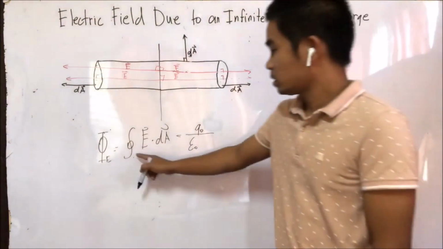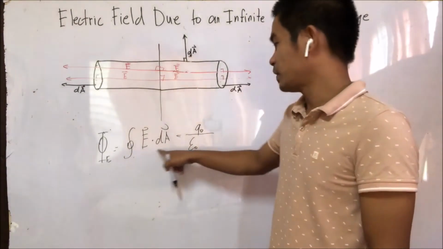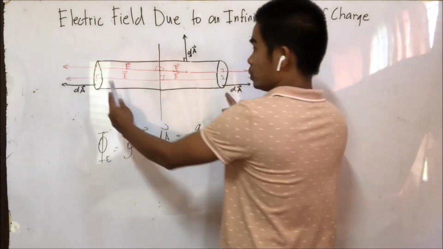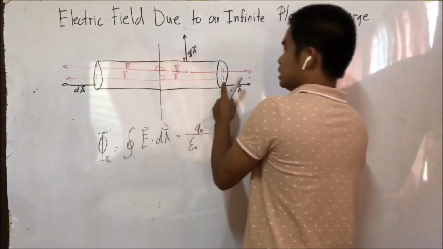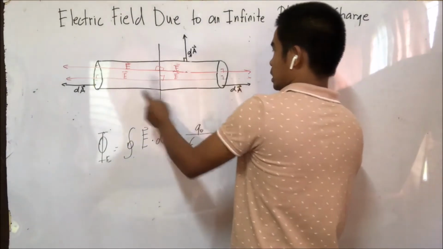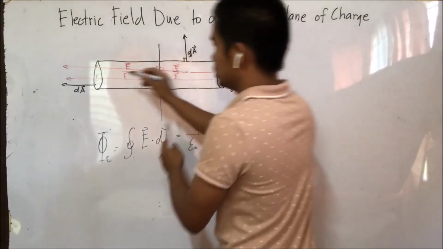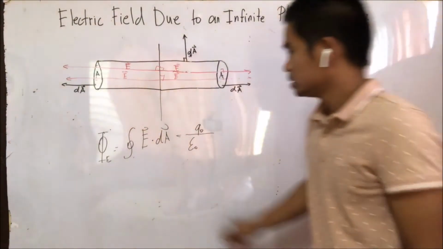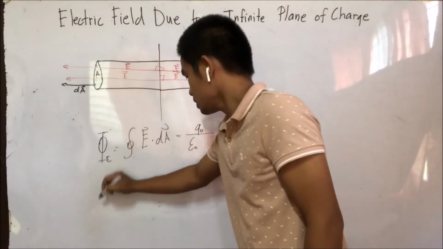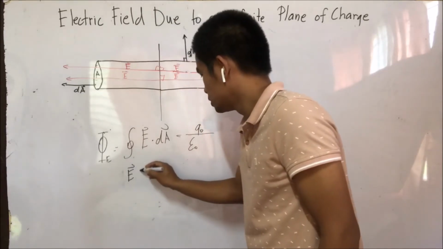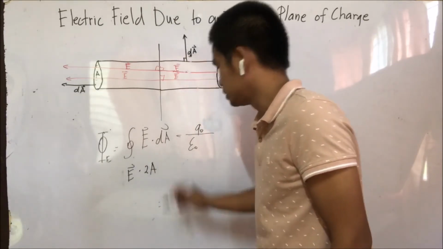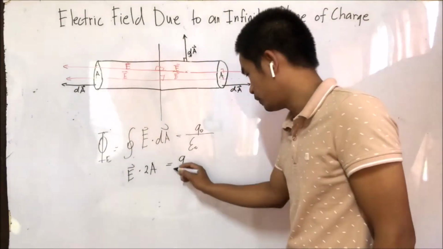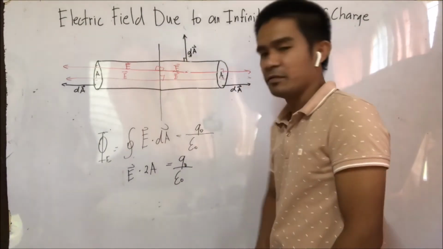So the total integral surface area is twice these areas. There are two areas here, this area and this area. So 2 times the area. These two areas have the same magnitude. So we have the electric field times 2 times the area, which is equal to the charge over the permittivity of free space.